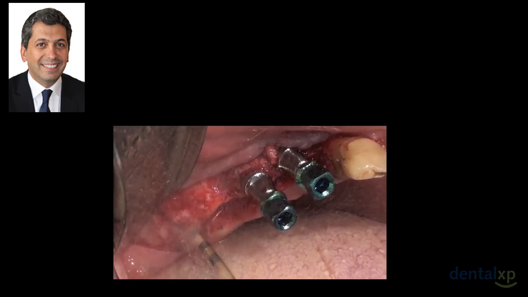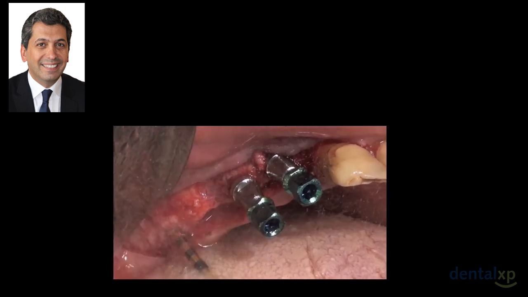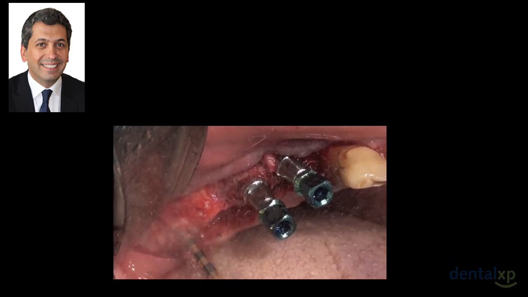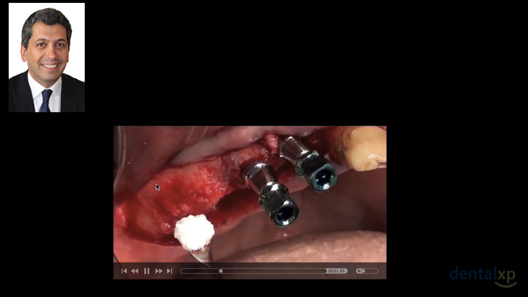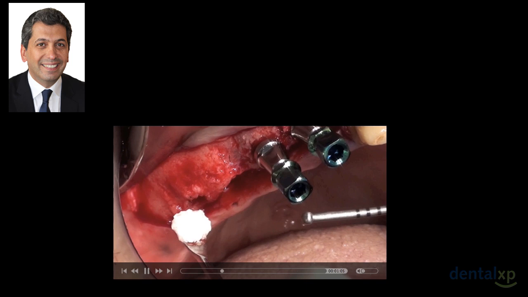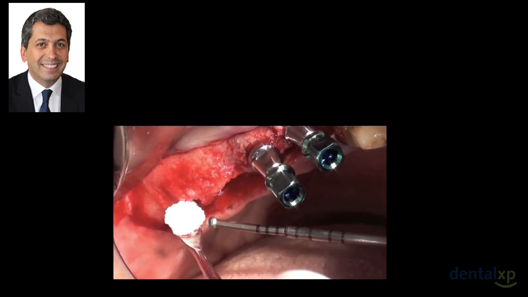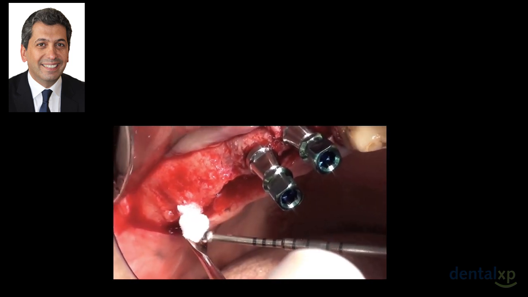You see that here I'm using this diamond-coated insert in order to grind as much as possible the cortical bone that is somewhere here, and that is an obstacle between my implant preparation and the sinus.